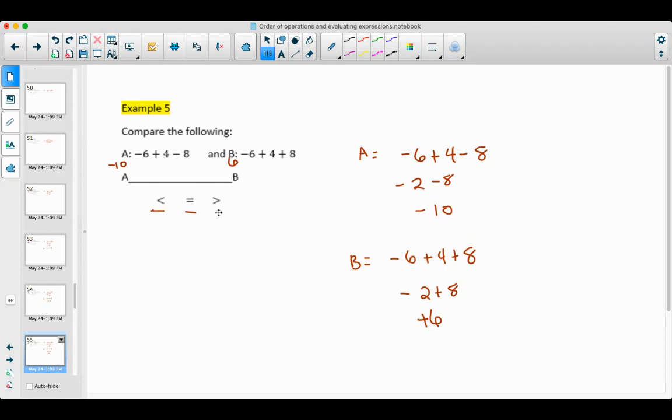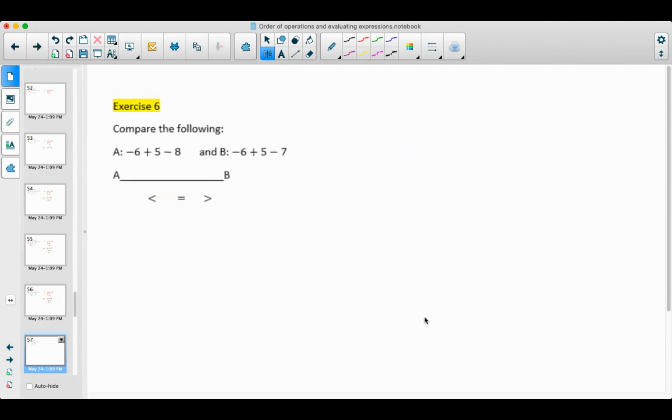Go ahead and do exercise 6. All right, again, we're going with the first numbers here with A, and we're going left to right. So negative 6 plus 5 is negative 1. And then negative 1 minus 8 is negative 9. And I'm going to write that down right here.